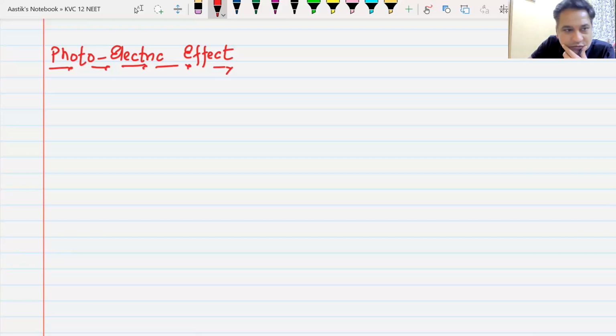It has something to do with light, something to do with electrons, but what exactly? Look at the definition. Photoelectric effect: photo means light, electric means electrons. So something will happen with light and electrons. What will happen with light and electrons?